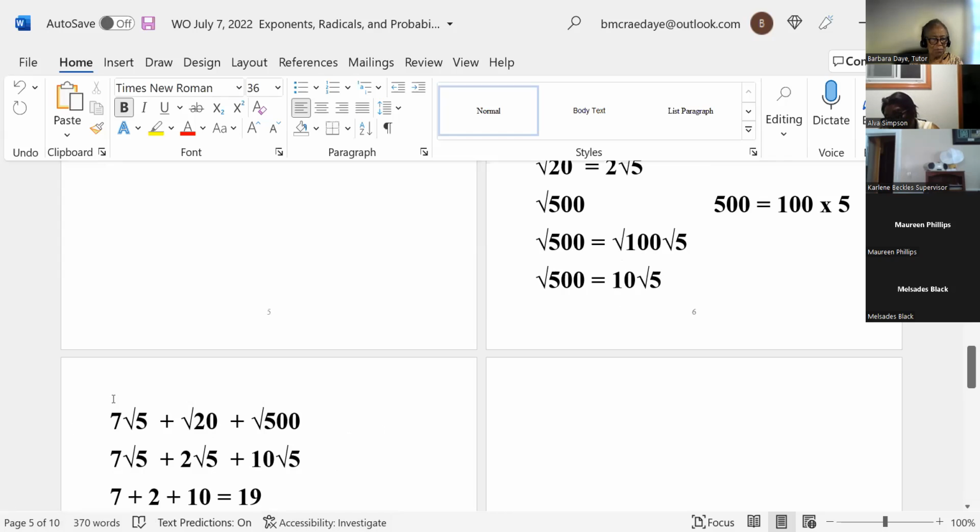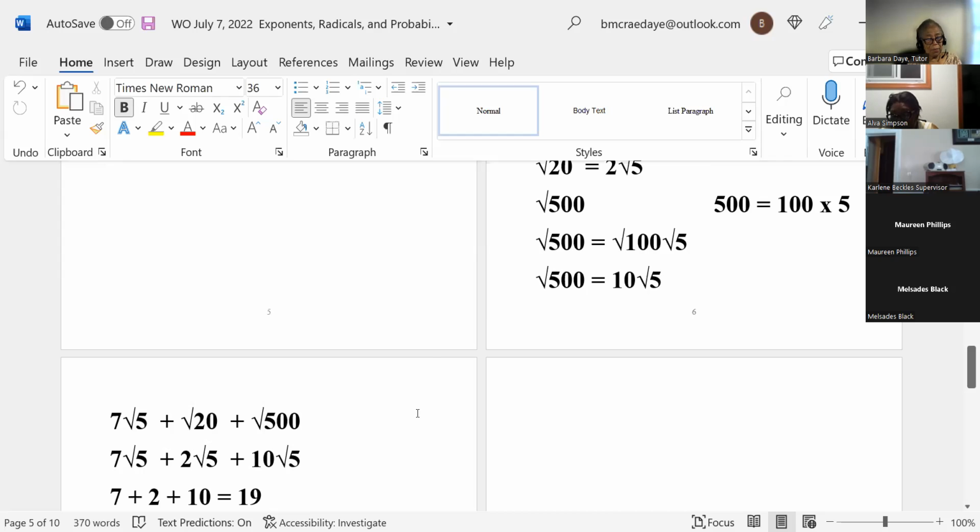The original problem said 7 times the square root of 5 plus the square root of 20 plus the square root of 500. This is an addition. So what we did, we translated our square root of 20 and our square root of 500 to a coefficient and the square root of 5. Because in that case, then we could just add the coefficients.